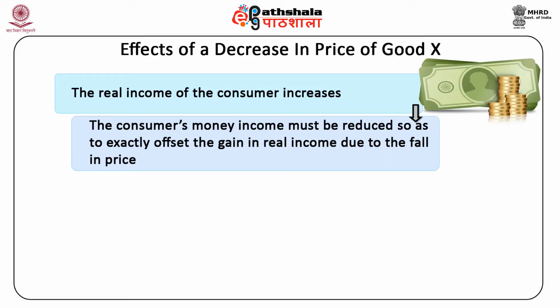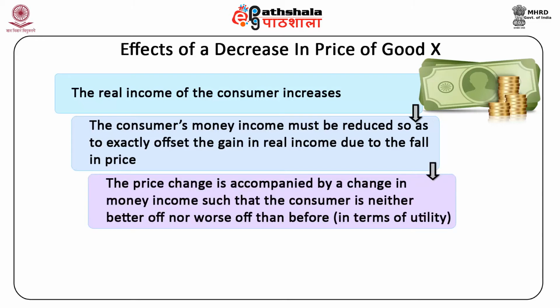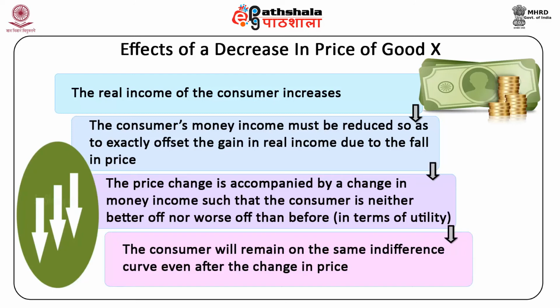In case of the Hicksian substitution effect, the price change is accompanied by a change in money income such that the consumer is neither better off nor worse off than before in terms of utility. Thus, the consumer will remain on the same indifference curve even after the change in price.